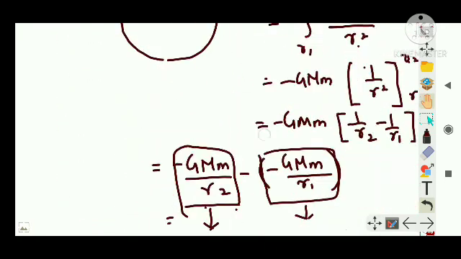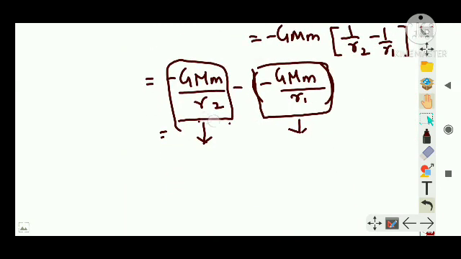So minus GMm by r2 is the potential energy at the position vector r2. So W21 is equal to the potential energy at position r2 minus the potential energy at position r1. Clear?